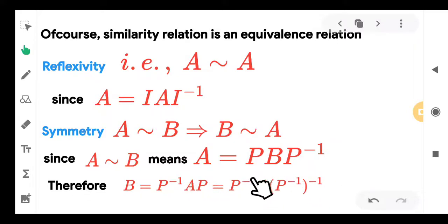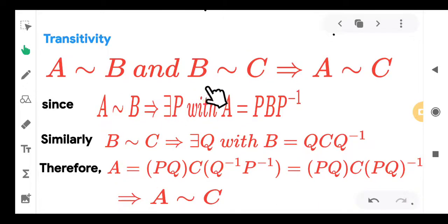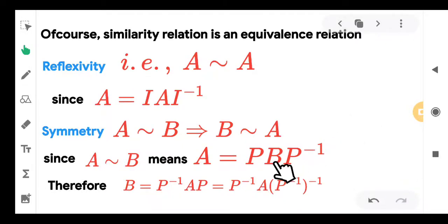You will take this as Q, and this will become Q inverse. Therefore, you'll have Q A Q inverse, where Q is P inverse. Therefore, A is related to B implies B is related to A. Therefore, the relation of being similar is symmetric.